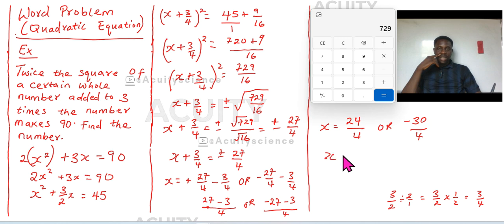So x is either 6 or, let's see, 30 over 4 should be 7.5, that's minus 7.5. But the question says the number is a whole number. That means this cannot be our value because it's not a whole number. Our answer is 6. Super easy.